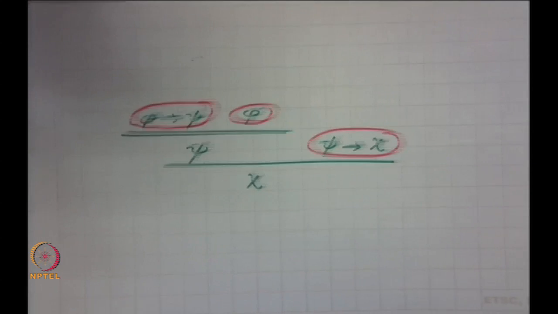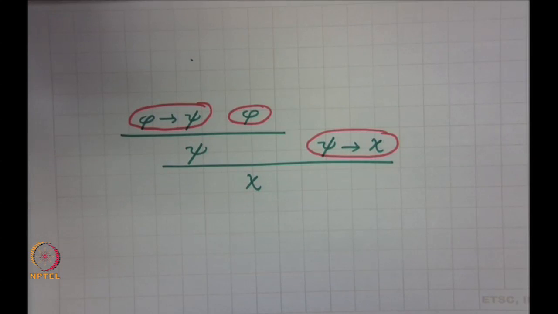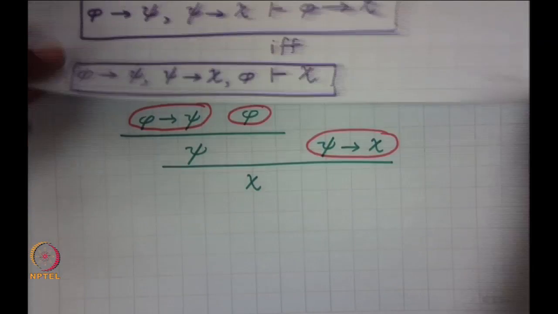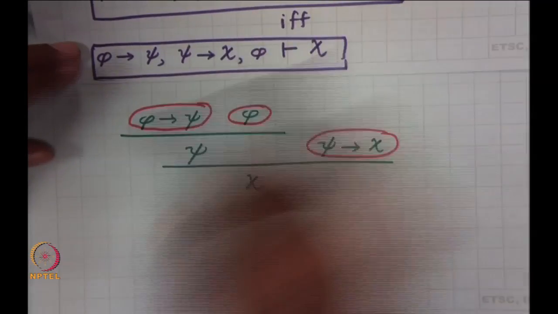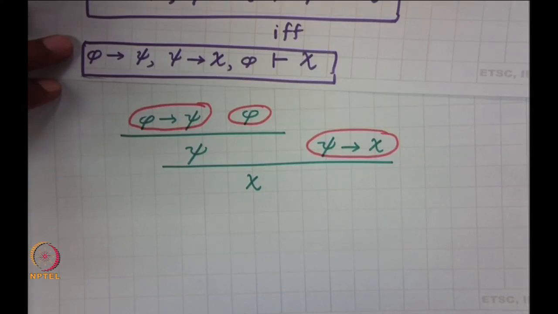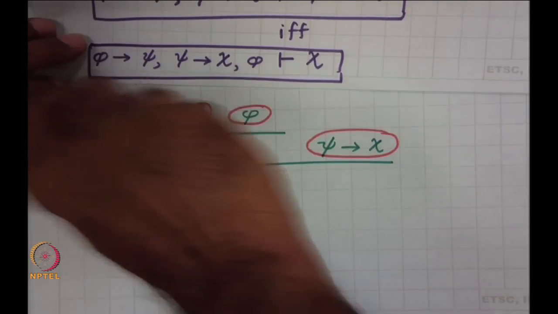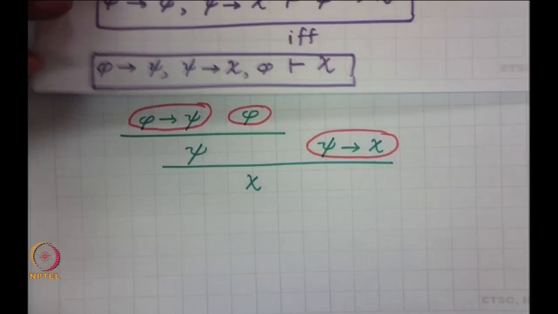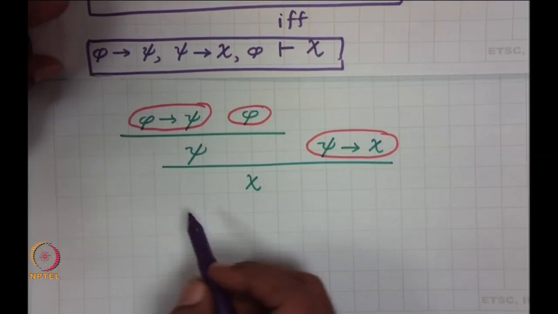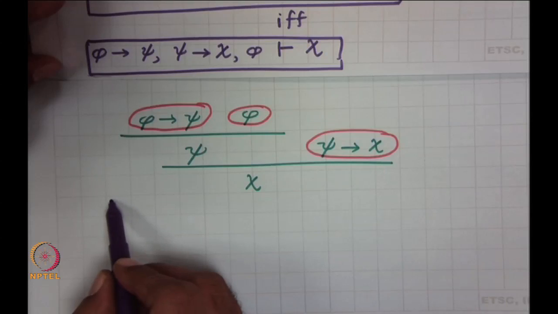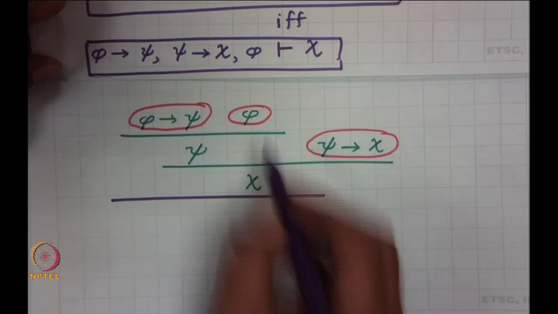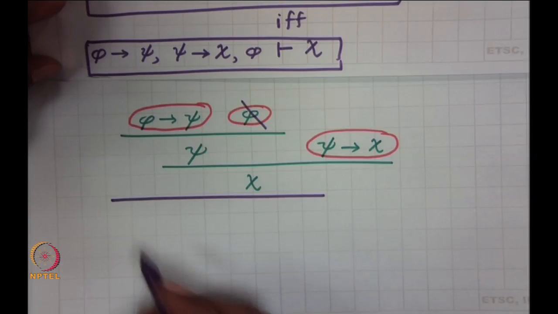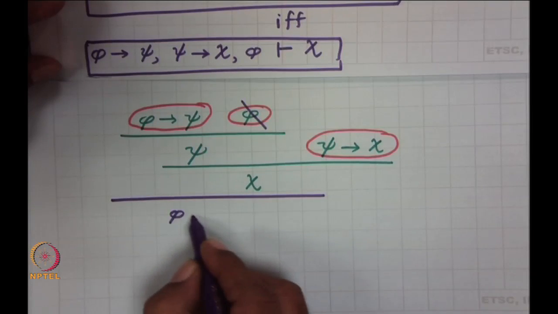If you look at this purple stuff here, you can actually go backwards on this step. So what I can do is discharge the assumption. I am using a different color to show that I am discharging an assumption, and discharge of this assumption phi essentially means that I have phi arrow chi here.